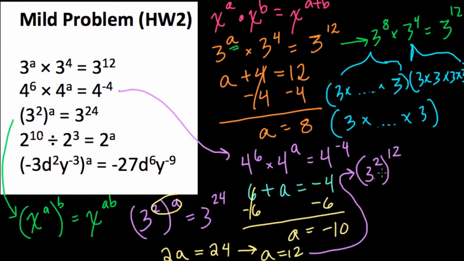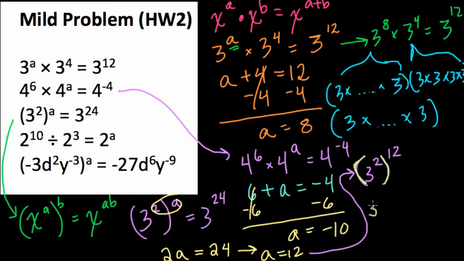Well, don't rush to evaluate 3 squared and say that's 9 and this is 9 to the 12th. That's not wrong, but we want to look for a structure here in the exponents. When you raise something to the 12th power, whatever's inside those brackets, whether it's 3 squared or any other number, that means you're multiplying what's inside these brackets 12 times.